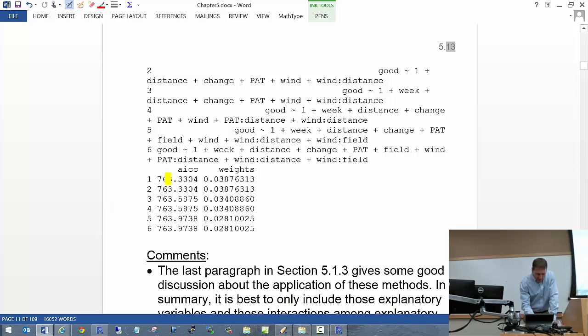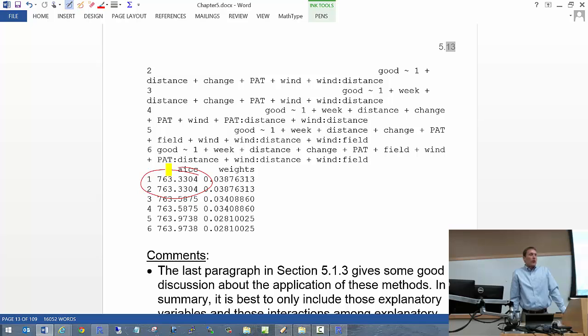Then I ran it again with a different seed number. I got 763.3304, which is actually a little bit lower than what we had on page 511.